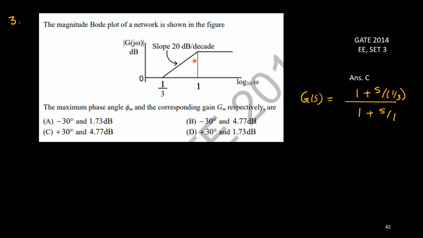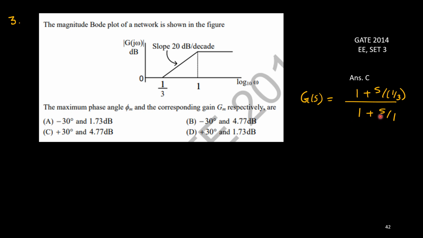At 1 there is a change, and it becomes 0 dB per decade, meaning minus 20 dB per decade is added to the plus 20 dB per decade. That's how it becomes 0 dB. I have said that whenever the slope is reduced, that is due to one pole. So there should be a pole at this point.